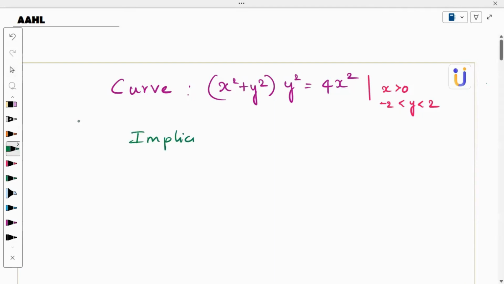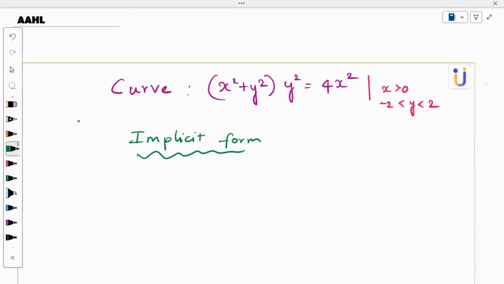So basically, it is an implicit form, so we will differentiate it. After differentiating, our aim is to prove there is no maximum or minimum. After differentiating, I will get some dy by dx forms here and there. I will replace dy by dx with 0 and solve that equation, and we will get an absurdity.